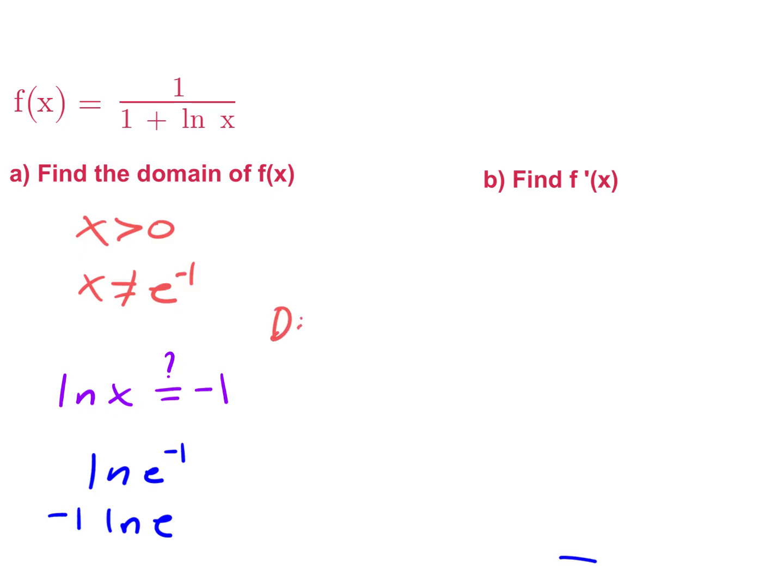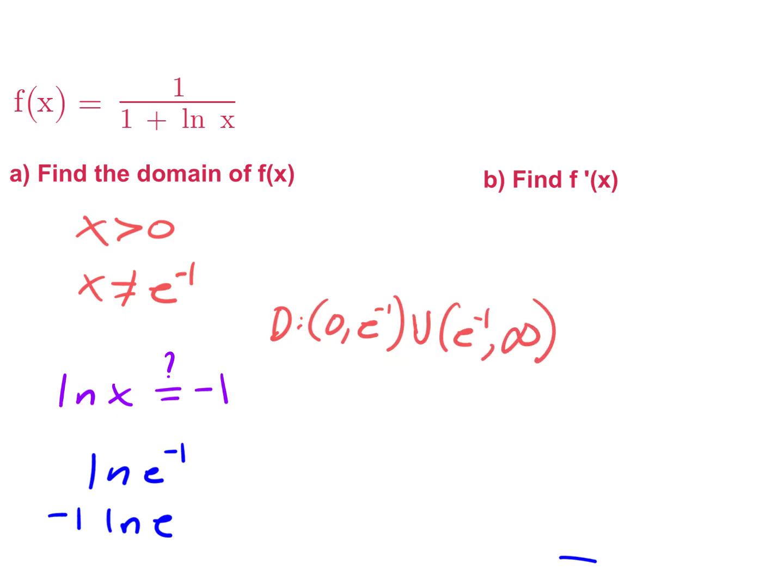I guess we wouldn't write it using set notation. We would say 0, because it can't equal 0, but it's got to be bigger than 0, it's got to be positive, to e to the -1, open parenthesis, union e to the -1 to positive infinity.